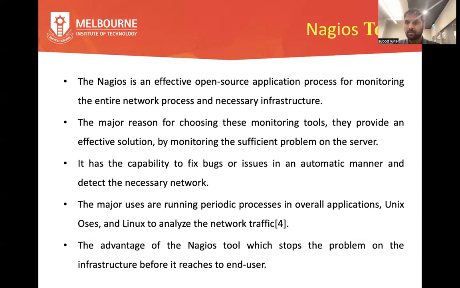The major uses are running periodic processes in applications on Unix and Linux, and analyzing network traffic. The advantage of the Nagios tool is that it stops problems on the infrastructure before they reach the end users.